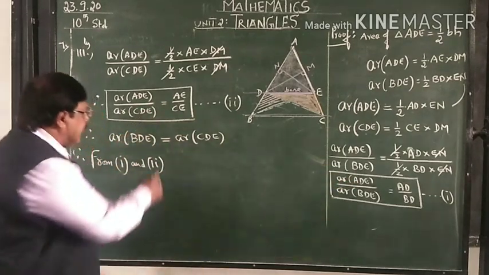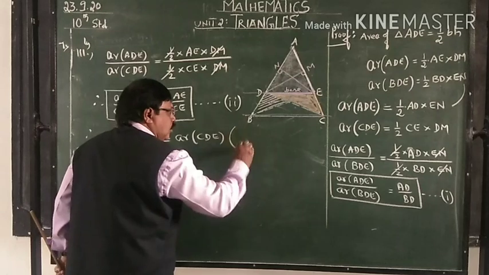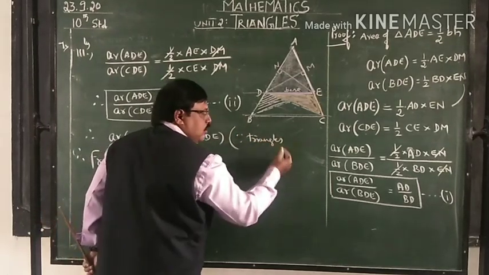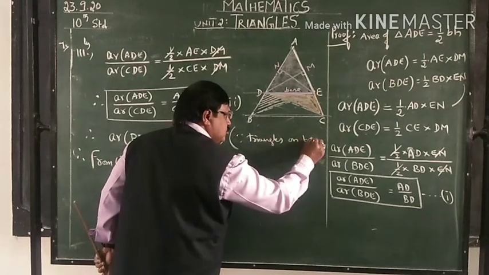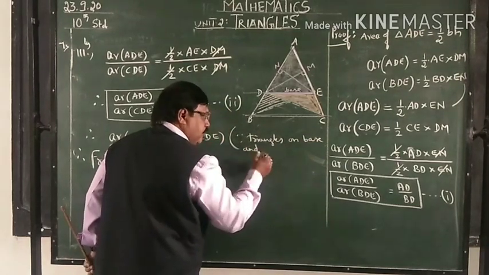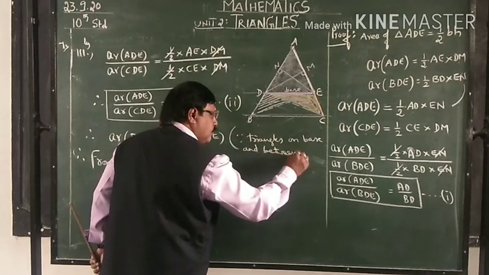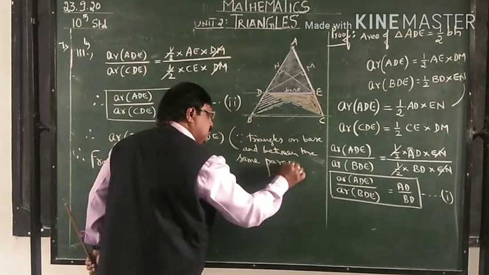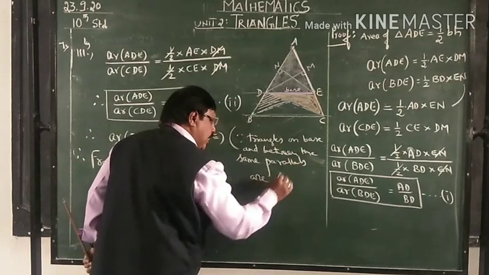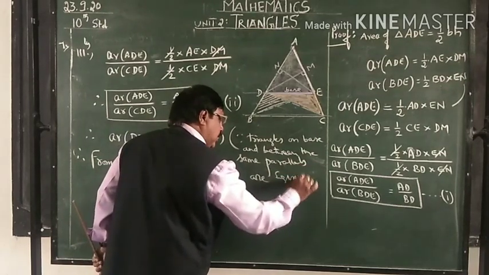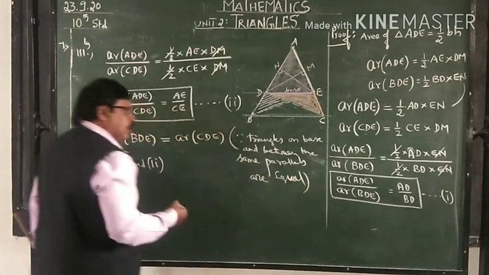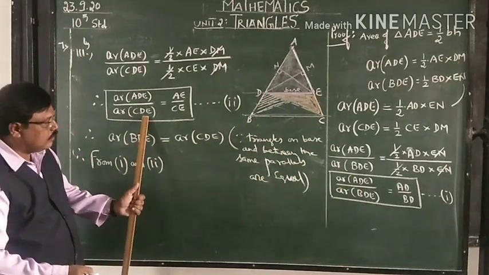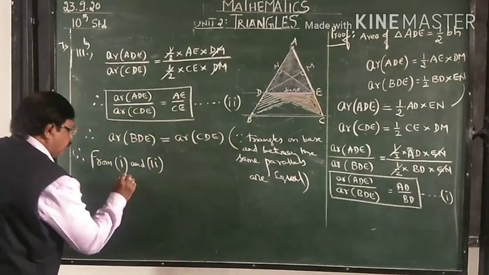CDE equals BDE because triangles on the same base and between the same parallels are equal. So the left hand sides are equal.